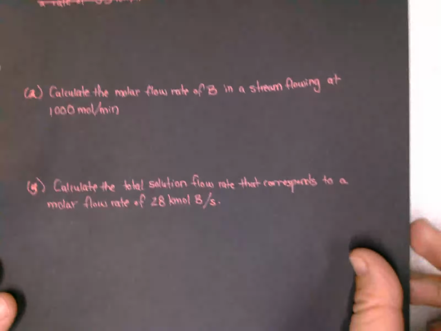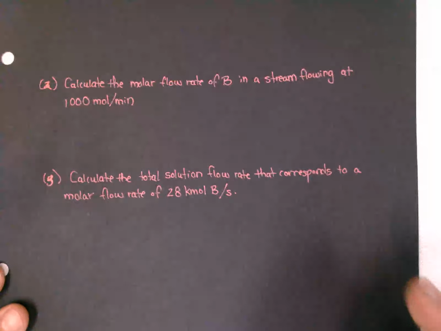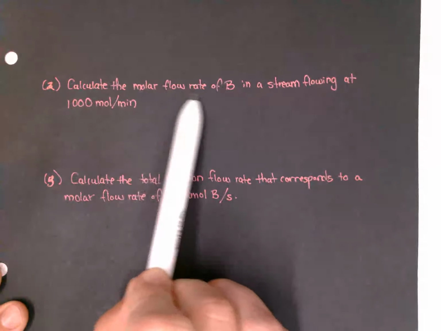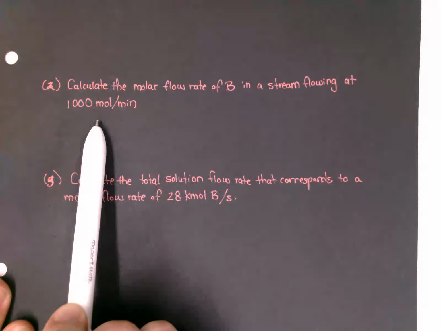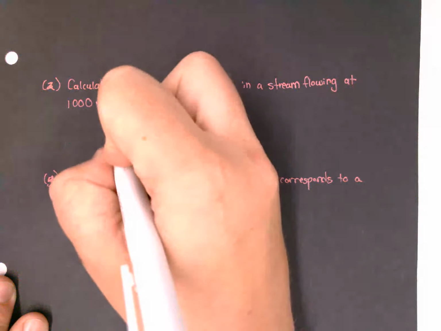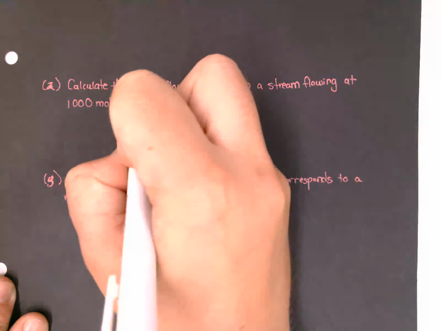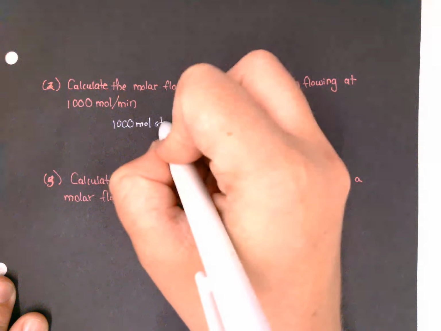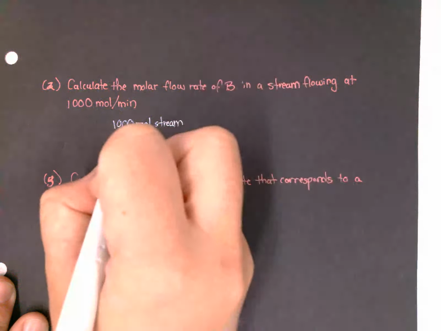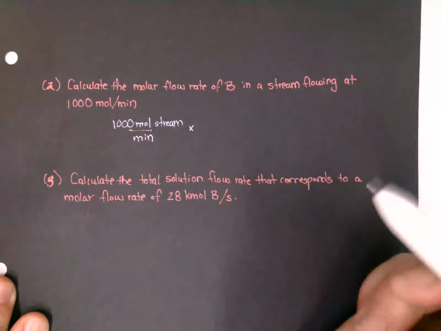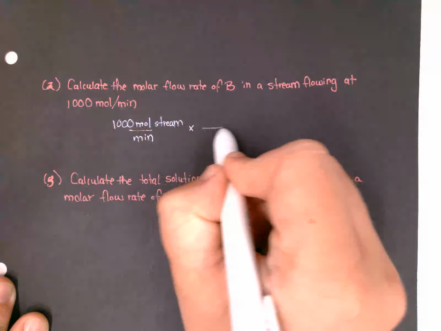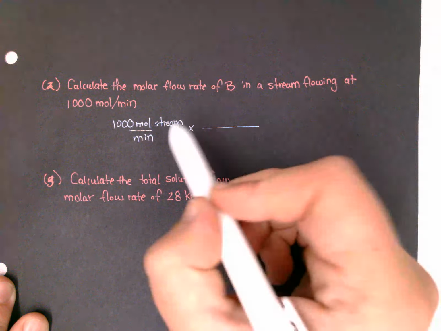So we're going to skip on down to do number 2 for you this year, which is calculating the molar flow rate of B in the stream that's flowing at 1,000 moles per minute. So if we take the 1,000 moles in the stream per minute, in order to figure out what the molar flow rate of B is, we can keep the minutes, right?